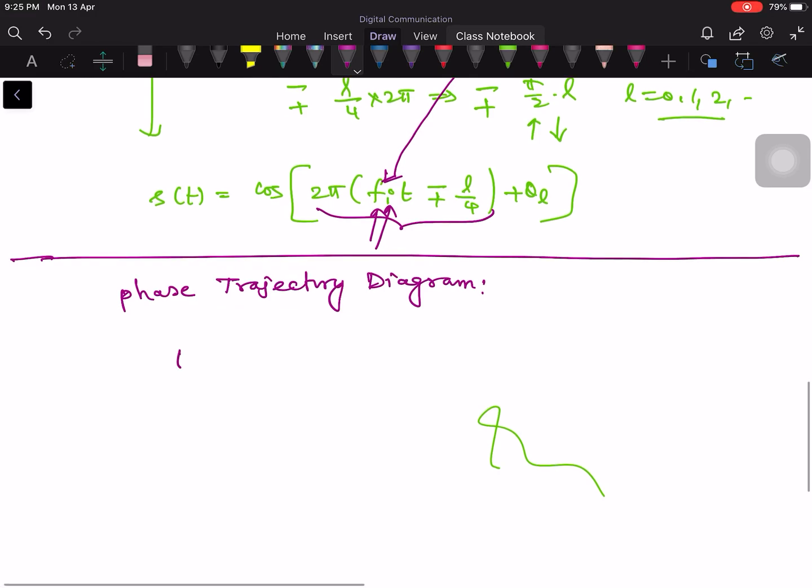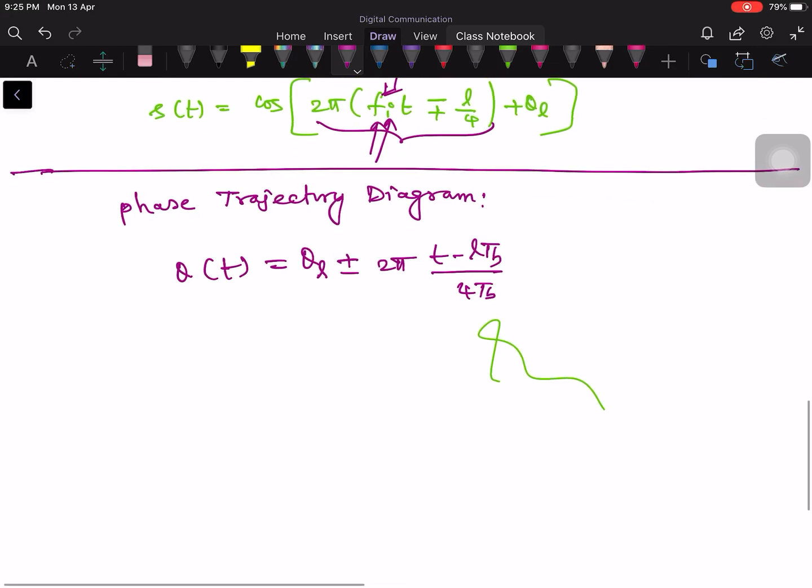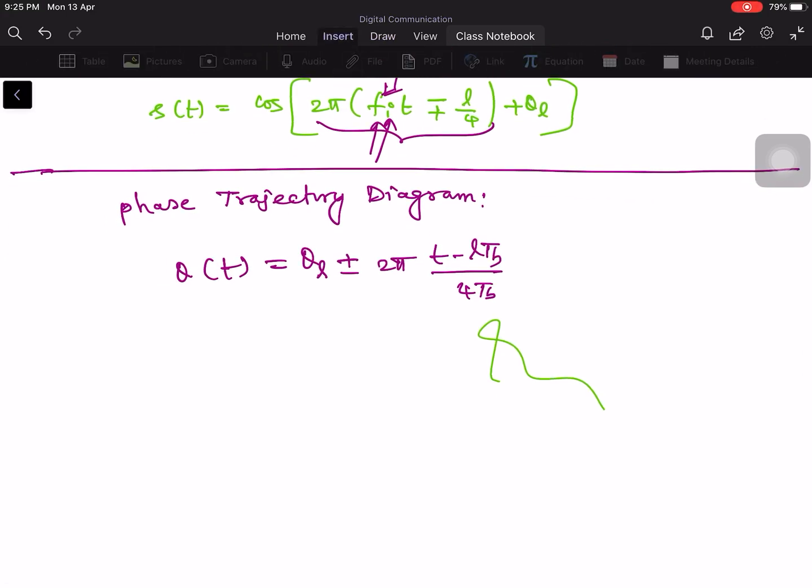So we know that the phase is given by your initial phase theta L plus or minus 2 pi times T minus L TB over 4 TB. This we already know, right? Now basically the phase trajectory diagram I will draw here.